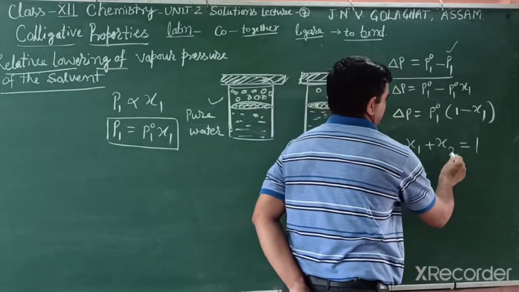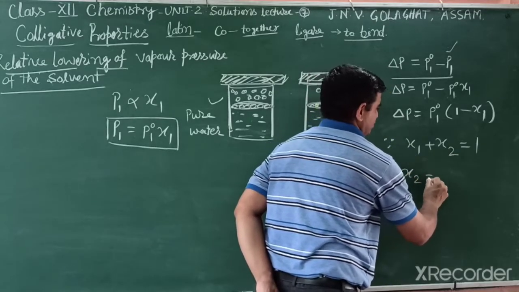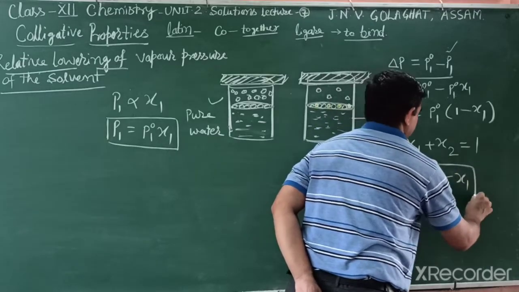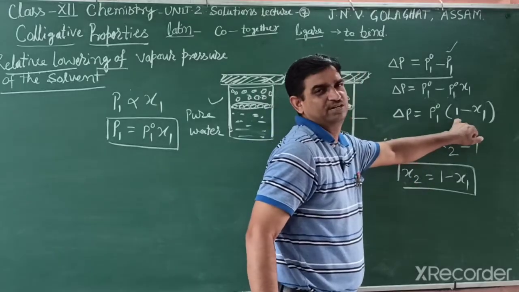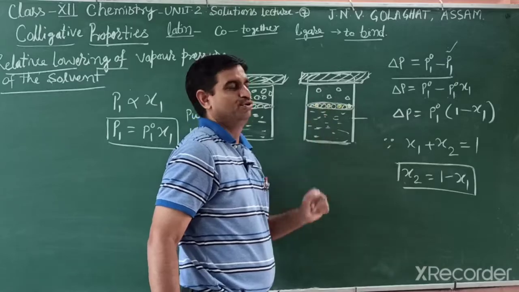And we identify what this is. So mole fraction of 2 is equal to 1 minus mole fraction of 1. I want to put the mole fraction of solute in this equation. Our main motto is to find out the solute.